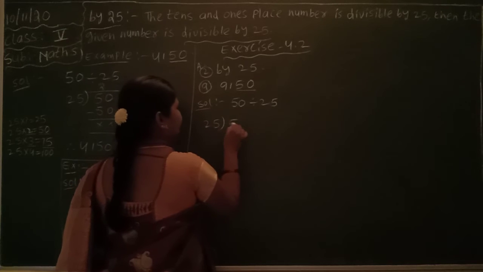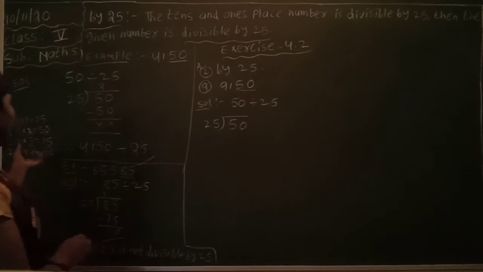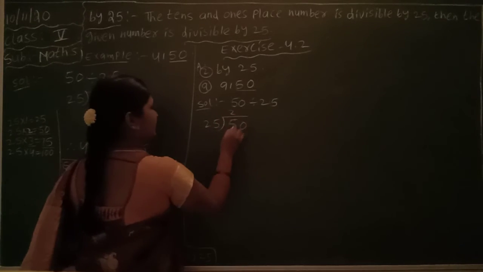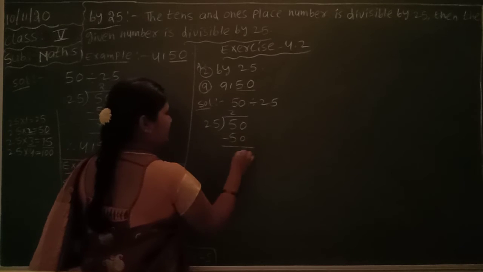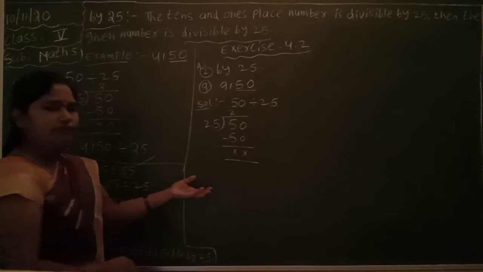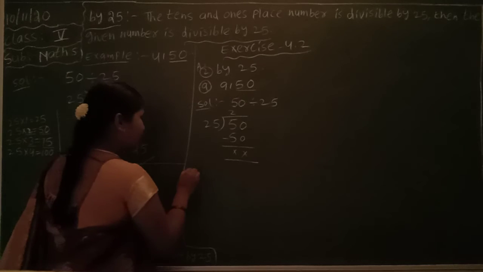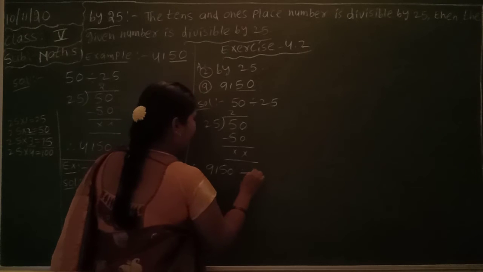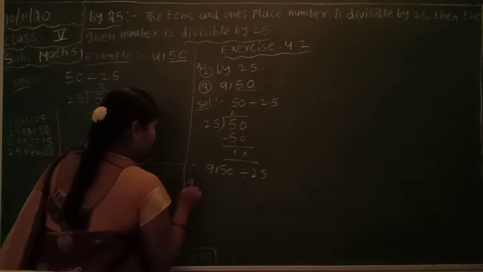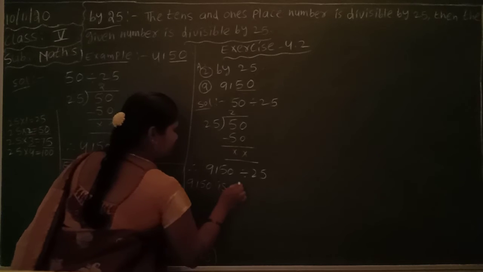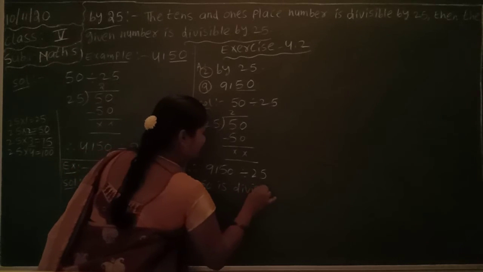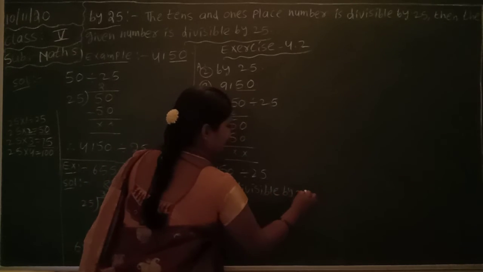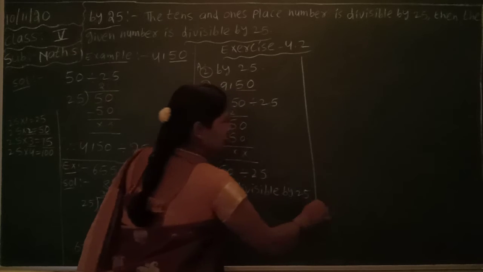The 25 table is already there, no need to write it again and again. 25 twos are 50. 0 minus 0 is 0, 5 minus 5 is 0. Here we don't get any remainder. So you have to write, therefore, 9150 is divisible by 25.